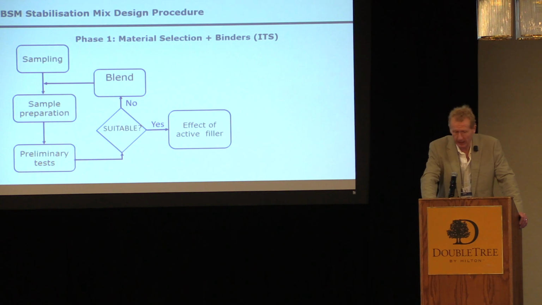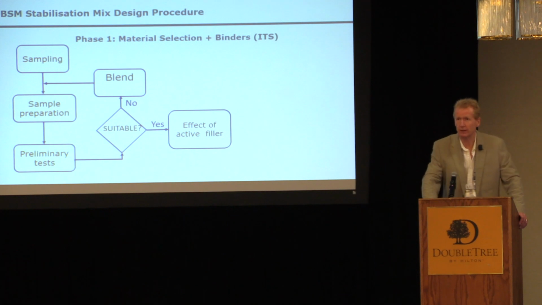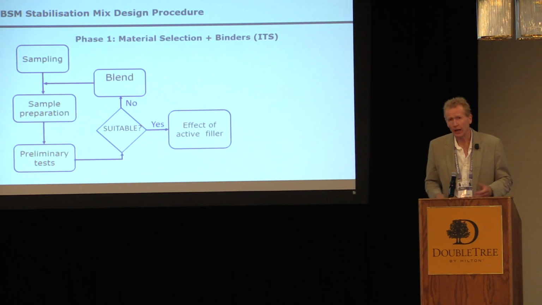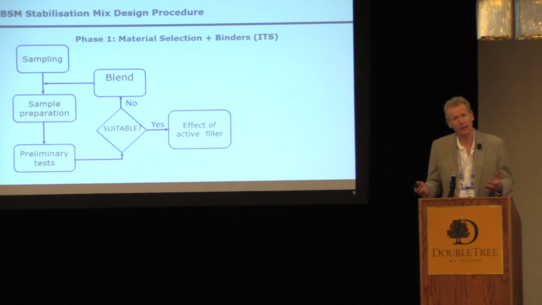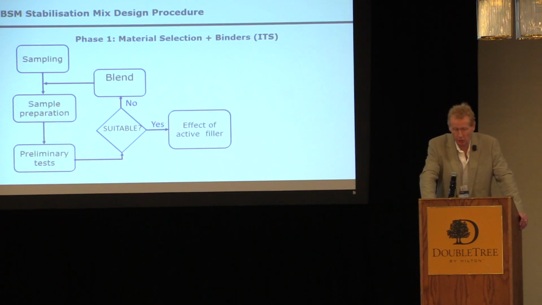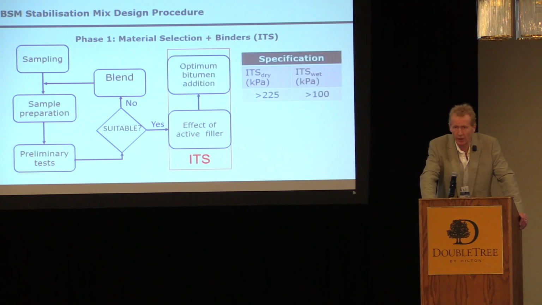Once you've got the right blend, the next step would be to evaluate the active filler, the effective active filler. And generally, depending on where the project is, one can consider lime and cement and other possibilities if they're available. We heard yesterday about fly ash as well. And one does performance tests to check which one works the best.